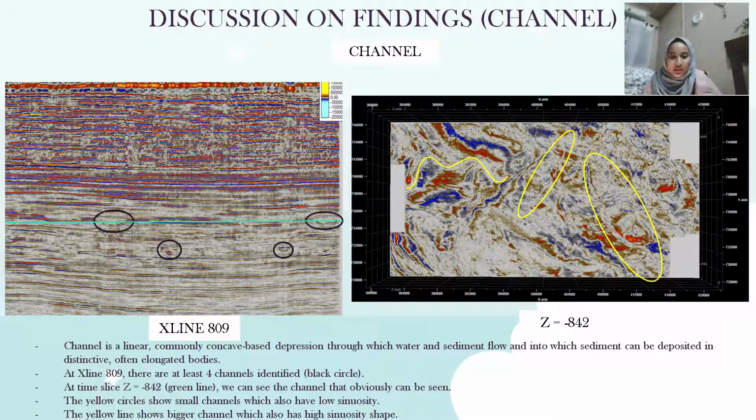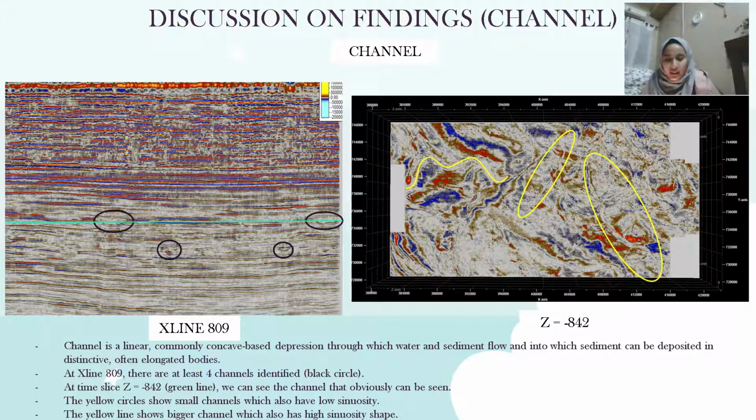So at the X-line 809, we identified four channels that we have circled in the picture for the time slice at z negative 842.